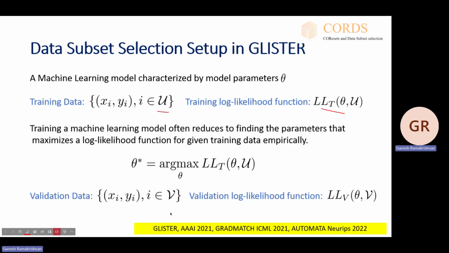Roughly what am I saying? I'm saying I want the subset of the training data on which I am getting the best accuracy. With respect to that, I find the theta, right? And this should yield the best performance on the validation data.